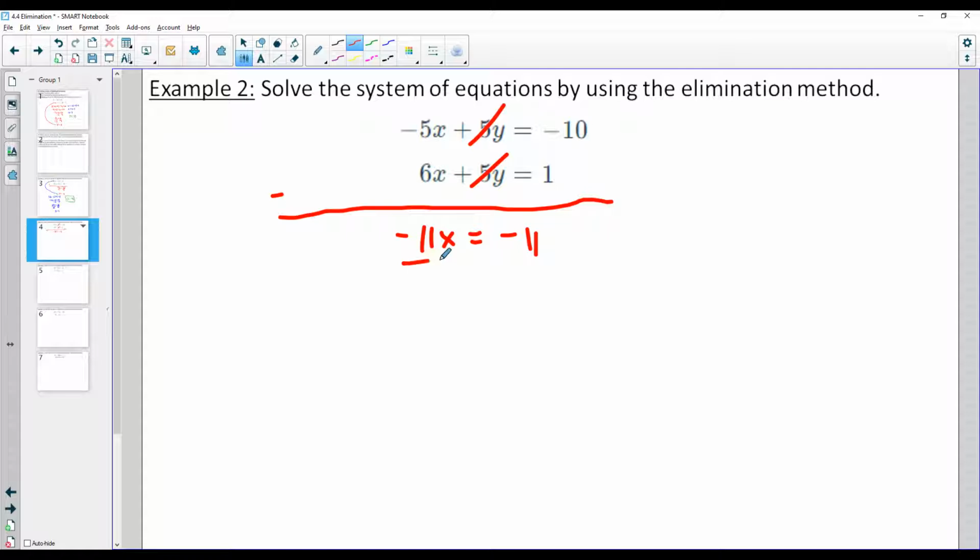And now we can just solve for x by dividing by -11. And we get x equals 1. And notice again, after we were done here, the y's canceled out, which was the whole point.